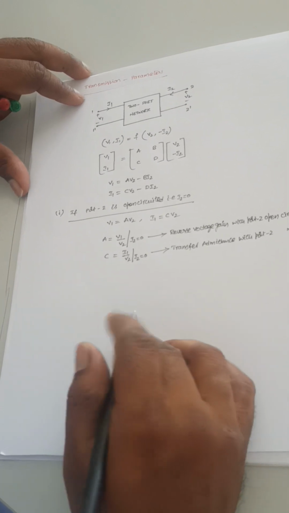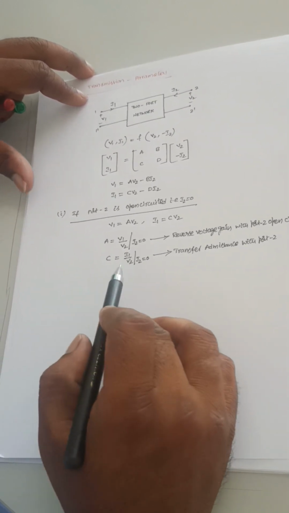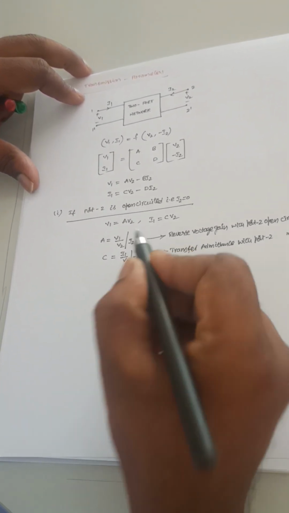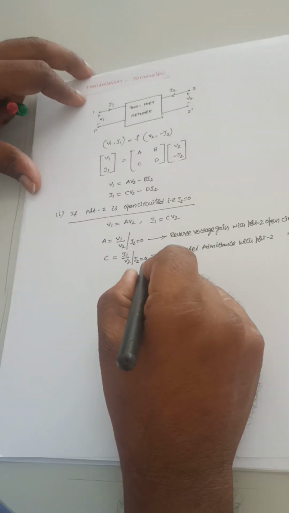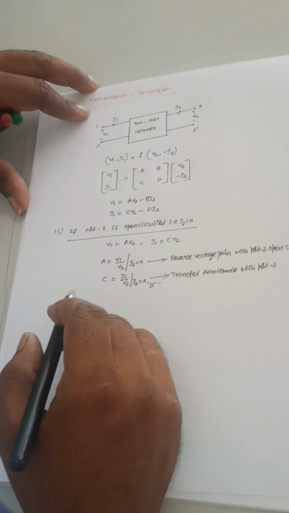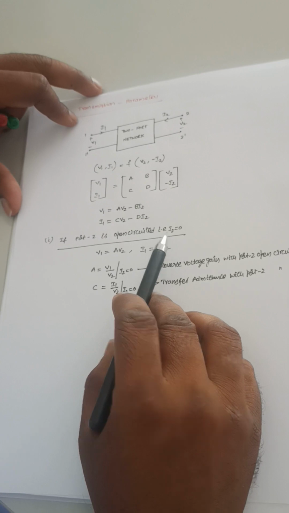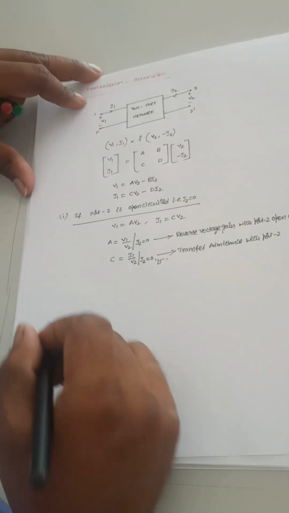The unit for this C is mhos. That means if I open port 2, I am able to calculate the values of A and C.